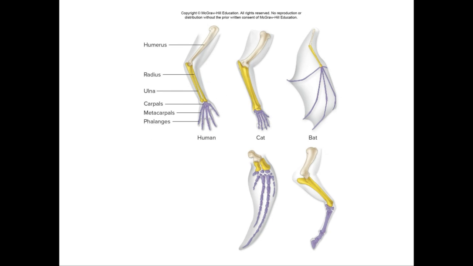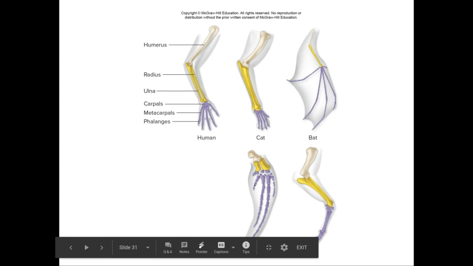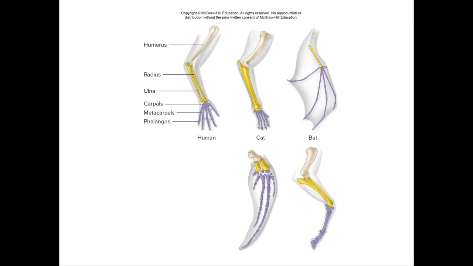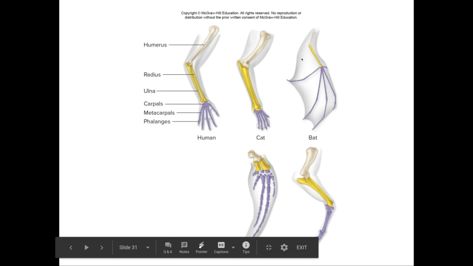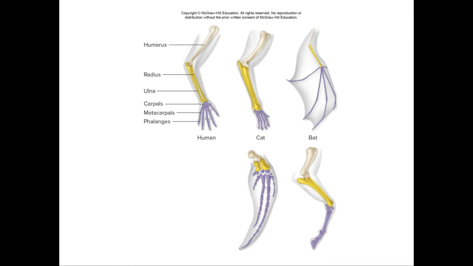Now, clearly humans and cats and bats and marine mammals and horses all have different structures now because they have different environments that they live in. Marine mammals' bones look like this. They've taken the ancestral state and changed it because they live in the water. Bats, they fly, so they have to change it. That's an adaptation for flying. Humans, we're bipedal.